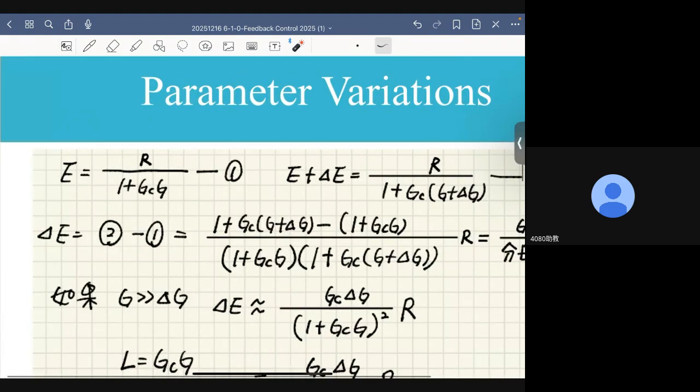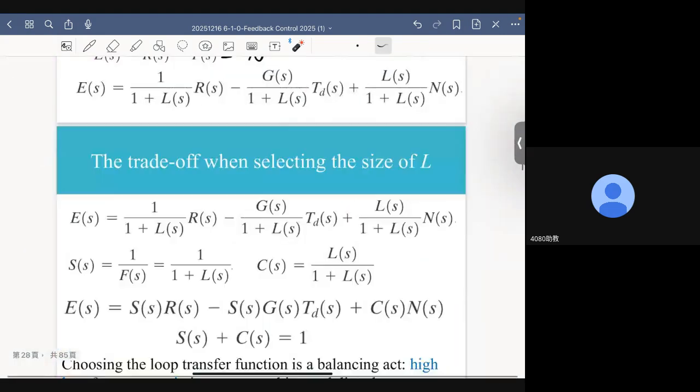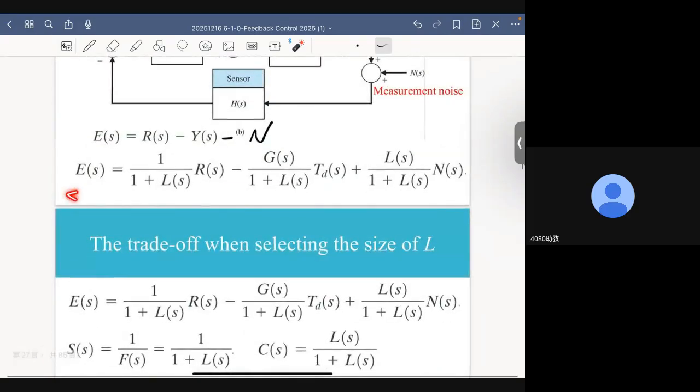Now, here, this is the error. I assume I don't need to consider input disturbance. I do need to consider measurement noise.